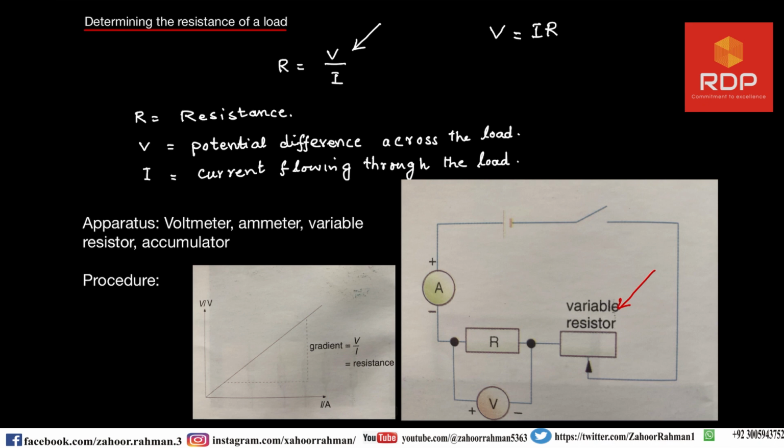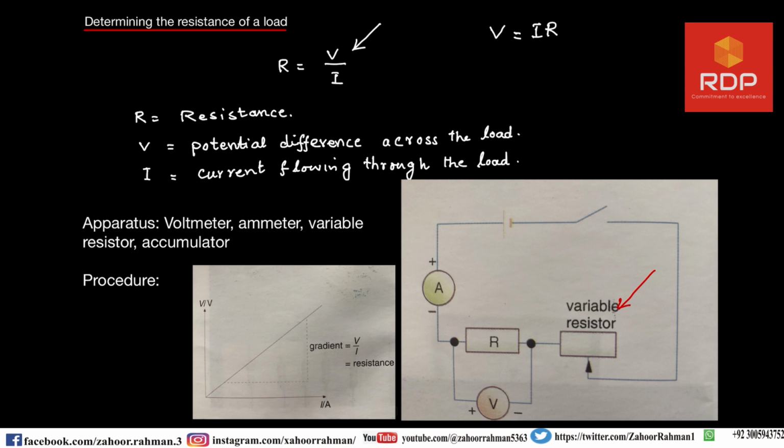Let me tell you one thing more here, that if a line is a straight one and passing through the origin, then this represents a direct relation between the two values. So resistance will be constant if the voltage and current ratio is the same, meaning constant.